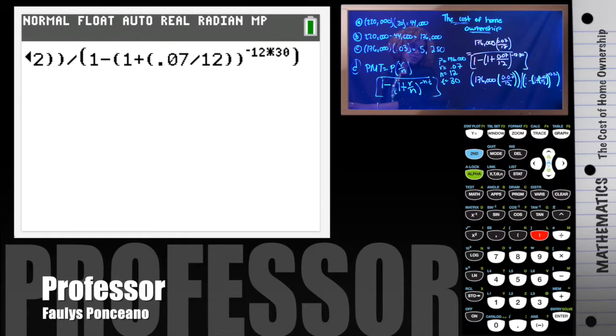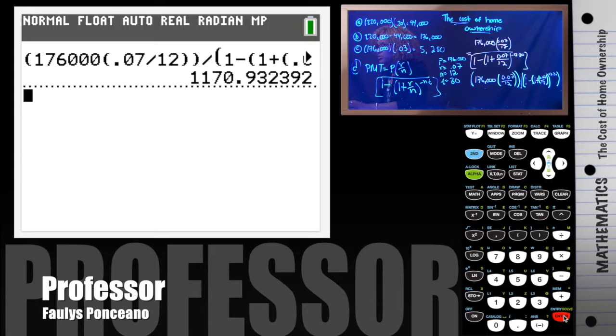Double check that what you have typed in the calculator is the same as this. Hit enter. We get 1170.93. We want to round to a whole number, so that will be 1171 for your payment.